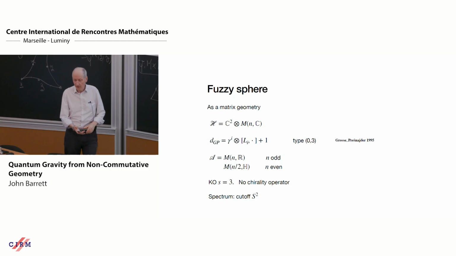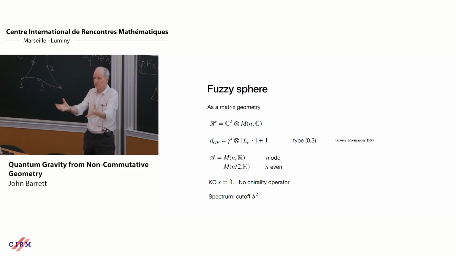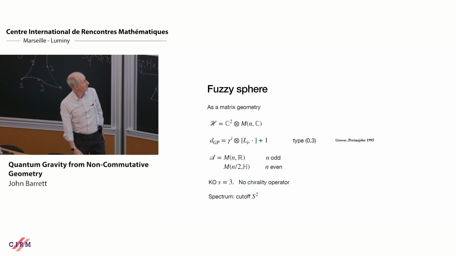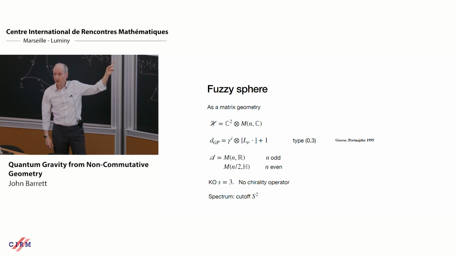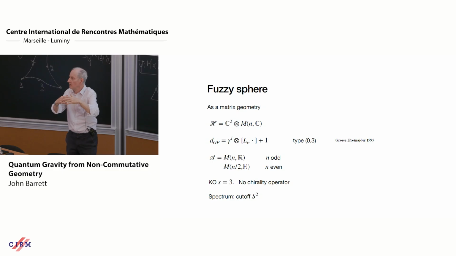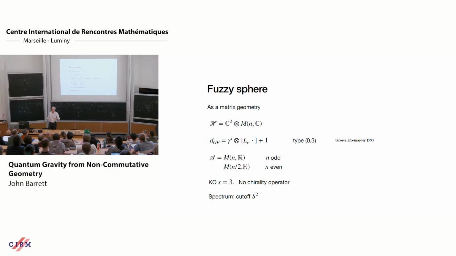And so what's going on here is a normal round sphere, of course, has a Clifford module at every point, but the bundle is non-trivial. And the chirality operator would split the spinors into left-handed and right-handed spinors, and they're non-trivial bundles. So you couldn't describe it in this framework with global spinors. If you glue the bundles back together, then the spinors are, again, trivial.